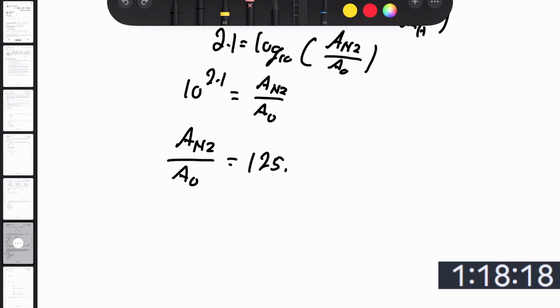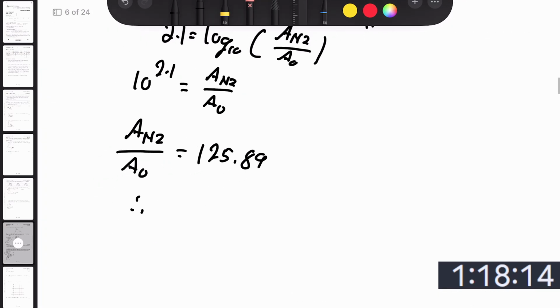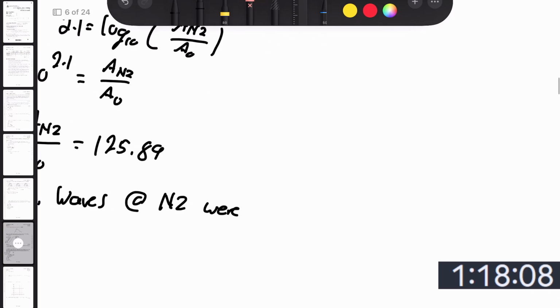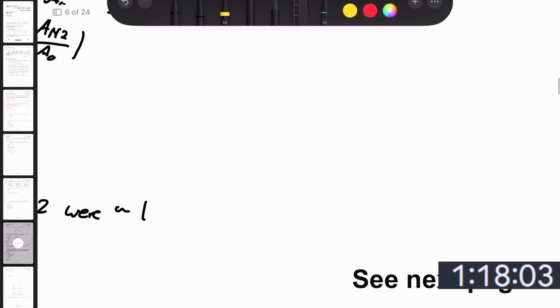Oh god. 125.89. Waves at New Zealand were approximately 126 times more intense. More intense?